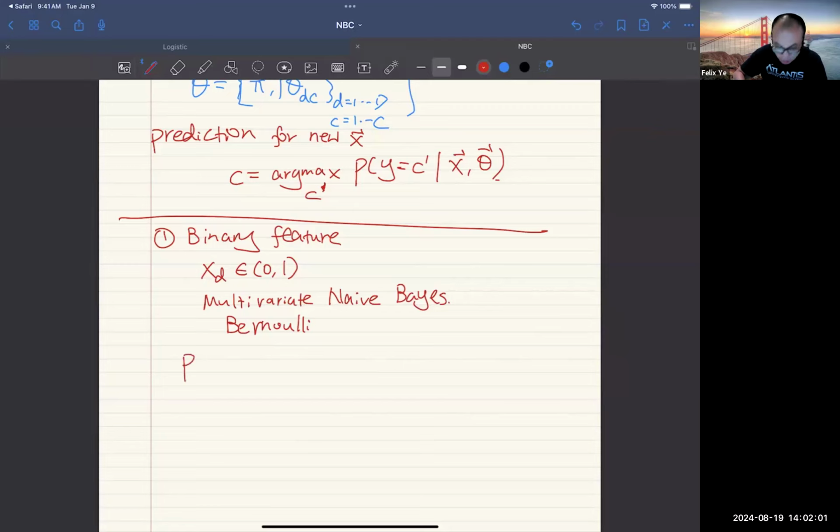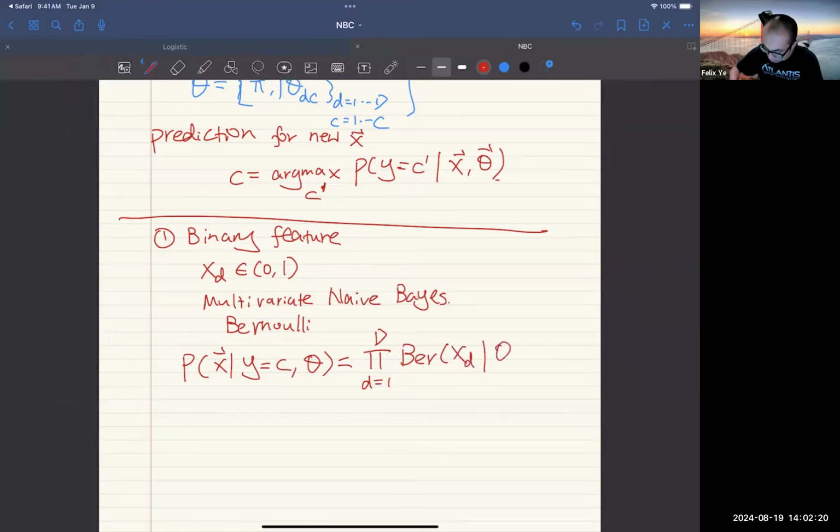The distribution that we got is x given y equal to c and theta. As I said, that would be the multiplication of these Bernoulli distributions of xd conditional on theta dc.